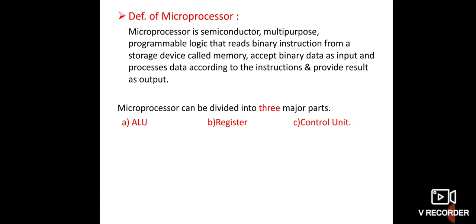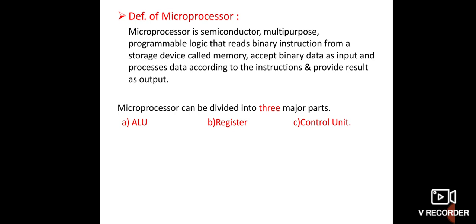Okay, that reads binary instruction from a storage device. Whatever data we give to the computer, students listen, you work in computer, whatever data you give the computer gets converted into which language? Yes, binary language, and stored in memory.